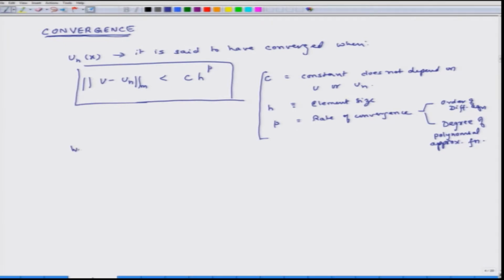So we can achieve convergence either through reducing h, that is making our element sizes smaller, or increasing p.